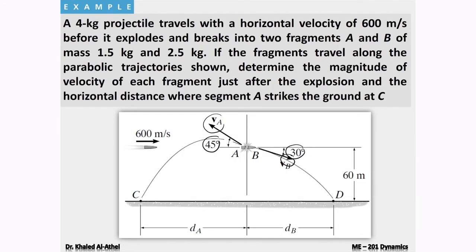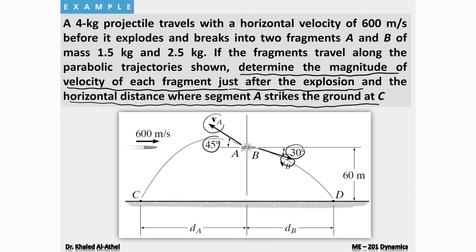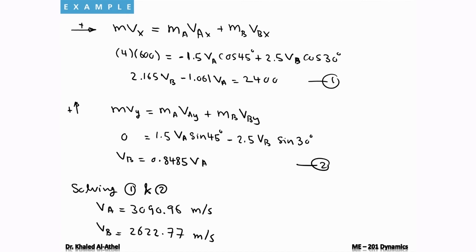So if the fragments travel along parabolic trajectories, determine the magnitude of the velocity of each fragment just after the explosion. Now, since I know these two velocities, it asks me to find the horizontal distance where A will strike the ground at C. Now, this final velocity that we found for A is going to act as my initial velocity for the projectile motion for A. As a projectile motion, you can write two equations, one vertical, one horizontal.